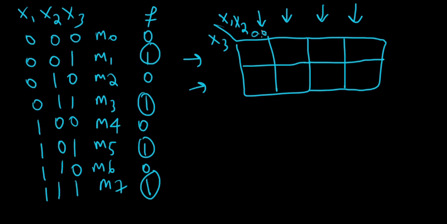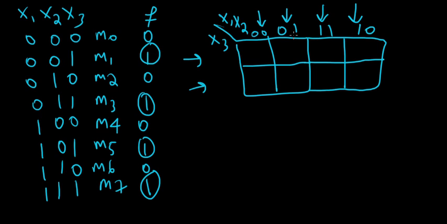So we end up with 0, 0 for x1, x2, all combinations again. Now please notice here that I did not write 0, 0, 0, 1, 1, 0, 1, 1, as it would make sense. The reason is, again, I'm not going to go too deeply into this, is the fact that adjacent cells, that we're trying to group together, we want them to not differ by more than one bit.